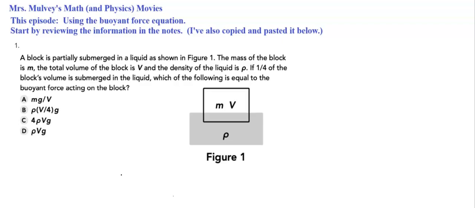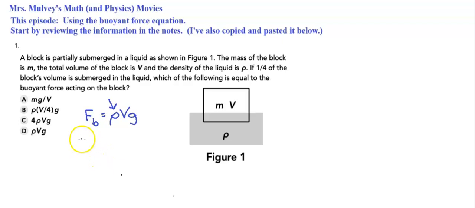Now remember, when we're using our equation that says buoyant force is rho vg, this rho refers to the density of the fluid surrounding the object that it's supporting. And remember, a fluid can be a liquid like water, or it can be a gas like air because they behave in the same way.